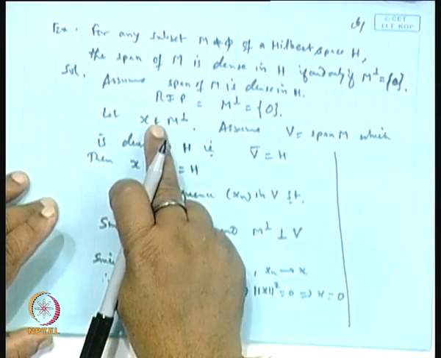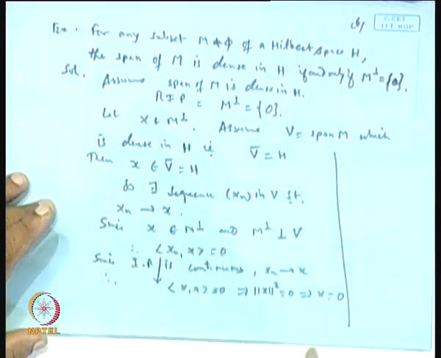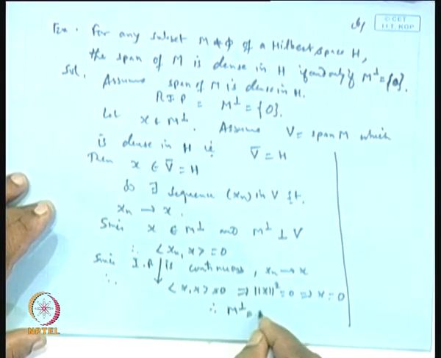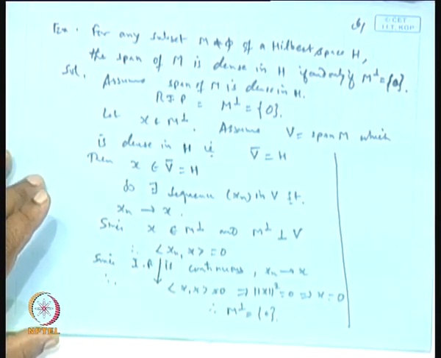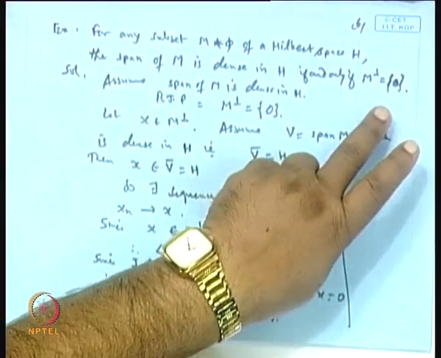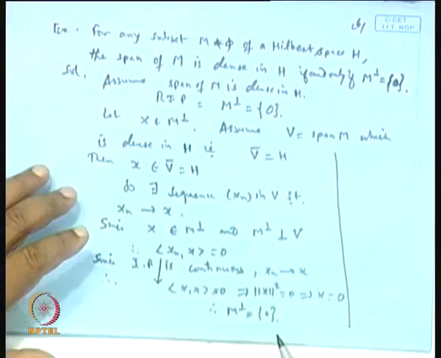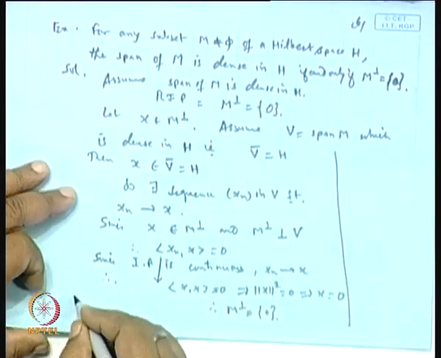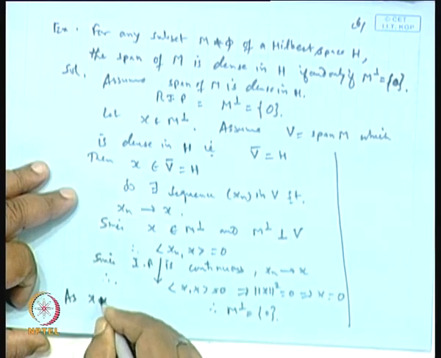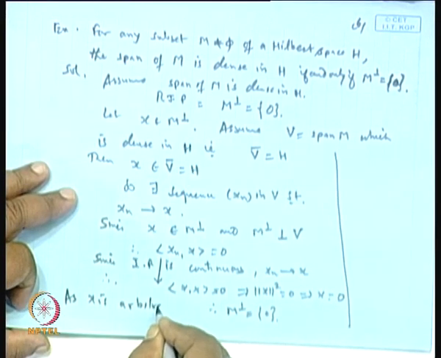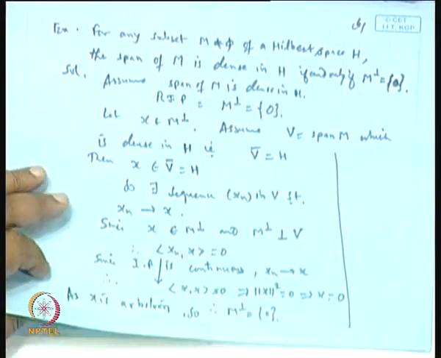We assumed that x belongs to M perpendicular, so this shows M perpendicular is 0. Okay, so one way it is clear, as x is arbitrary.